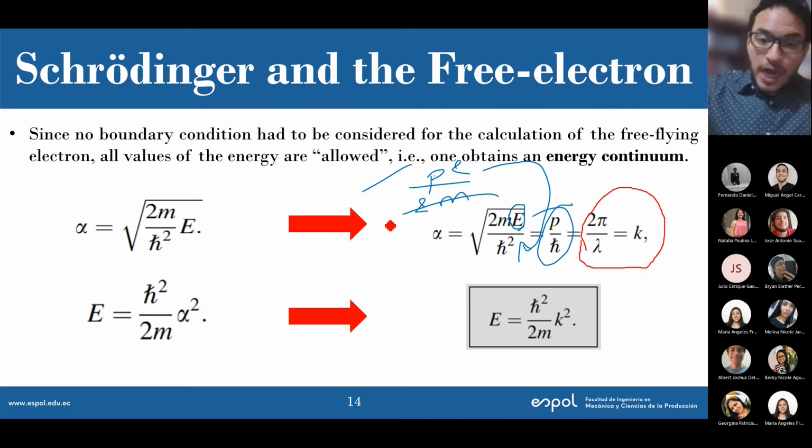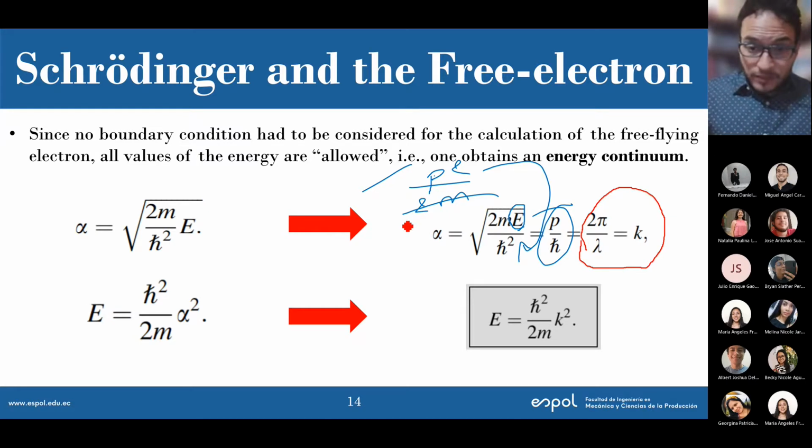You want to say, how do you get, because this is obviously something relevant, how do you get from momentum divided by the Planck's constant? How is it that you get 2 pi over lambda, or over the wavelength? And how's that equal to k?